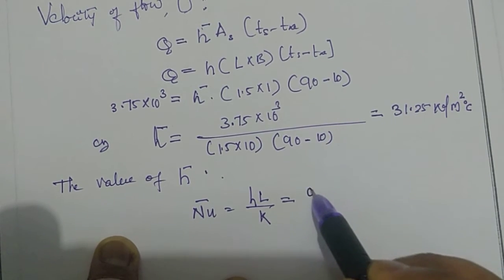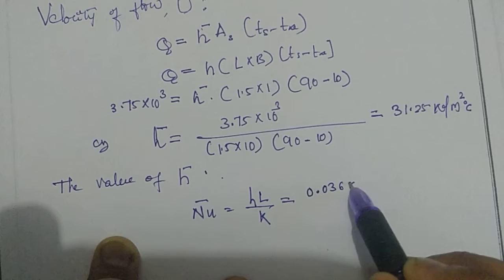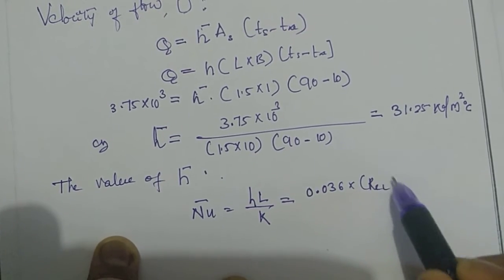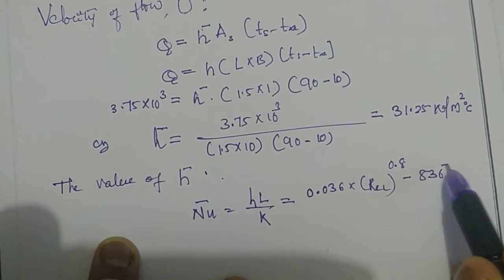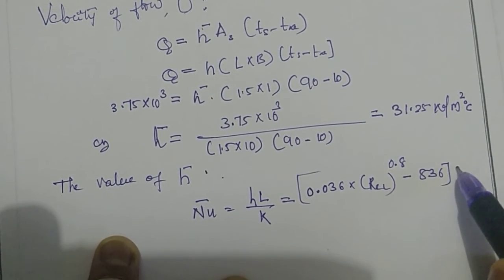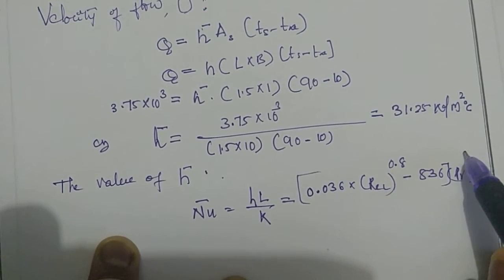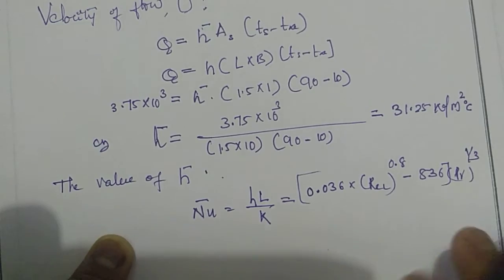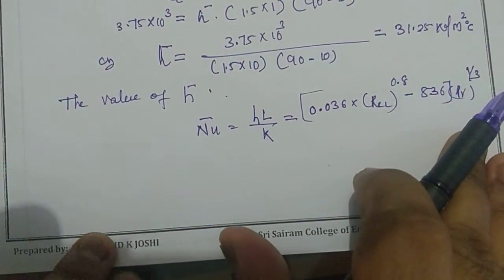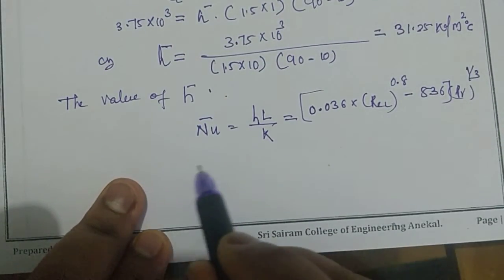So that is 0.036 into Reynolds number to the power 0.8 minus 836 into Prandtl number to the power of 1 by 3. This is the given equation. So now we have to substitute all the things which are given in the problem.